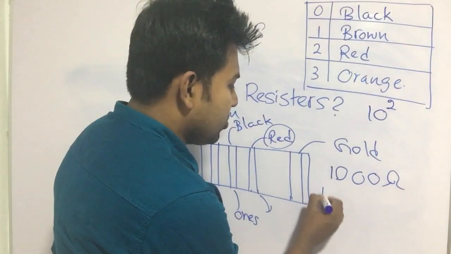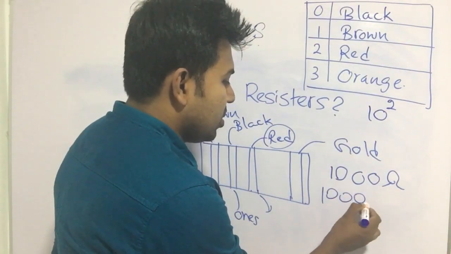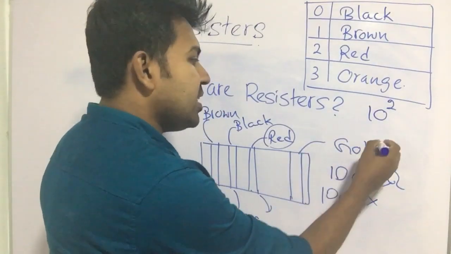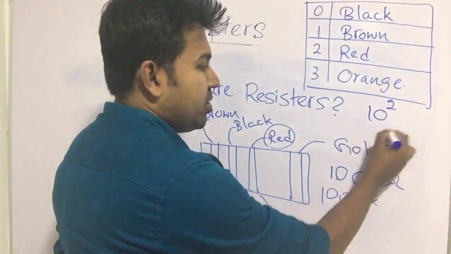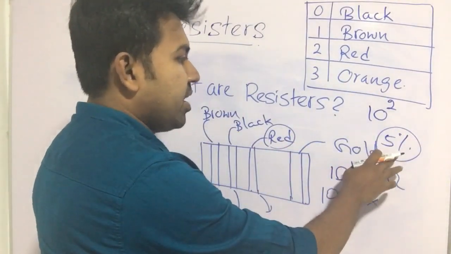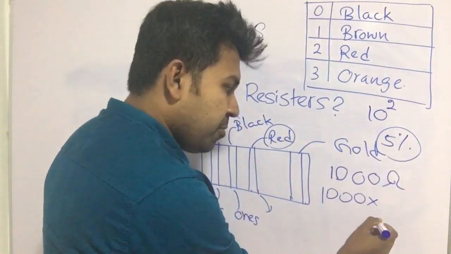So here 1000. What we are going to do, you have to multiply this 1000 by, for gold it said 5%. It will be also given to you. You can take it from books. So it will be 5%.